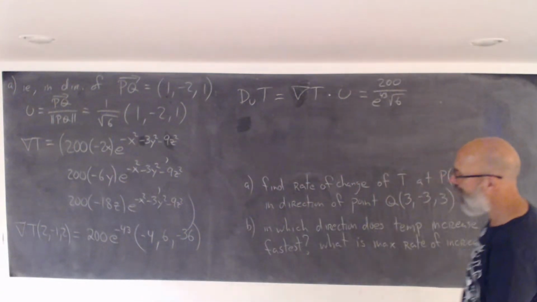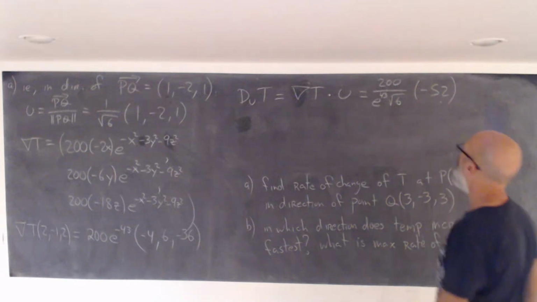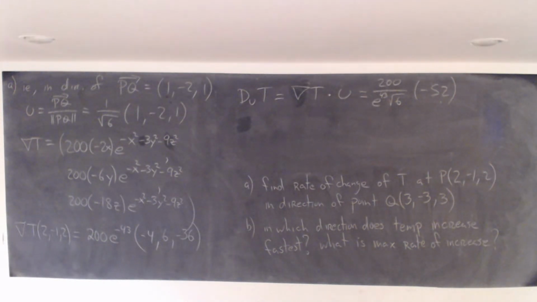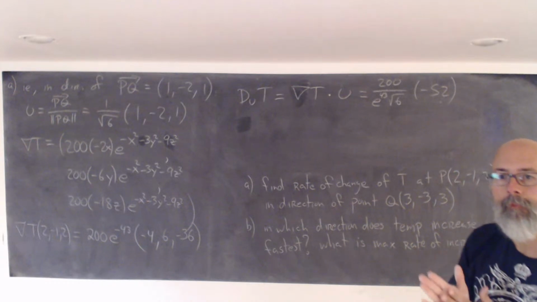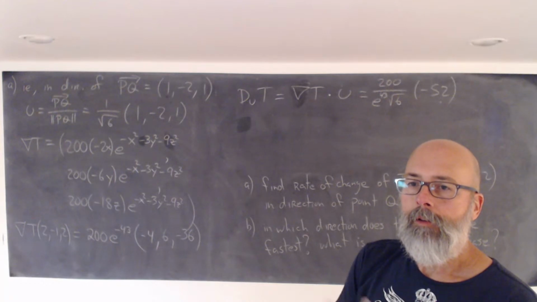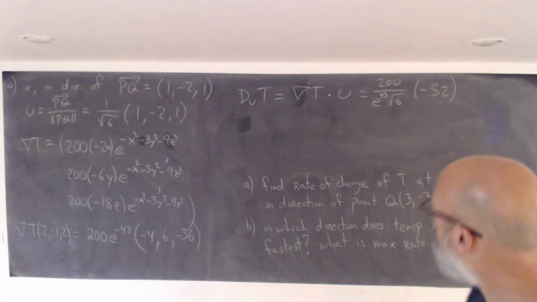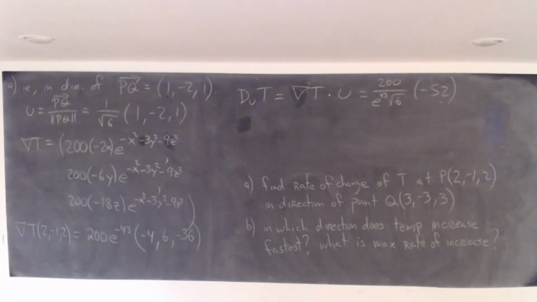Minus 36 is minus 52. There you go. Is this correct? Anybody have that? Have I made a mistake? So that is apparently the rate of change of T in the direction of the point Q. Everybody comfortable with that?